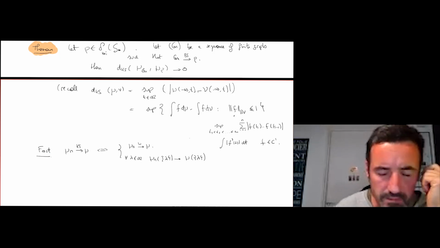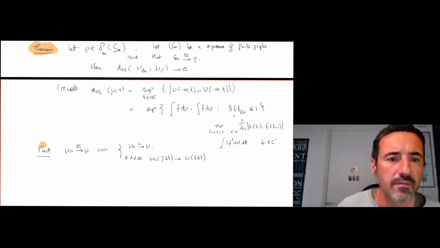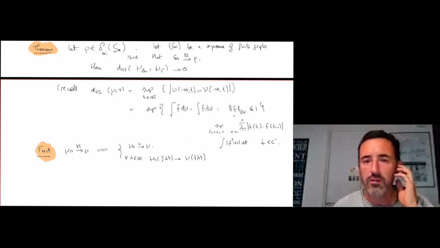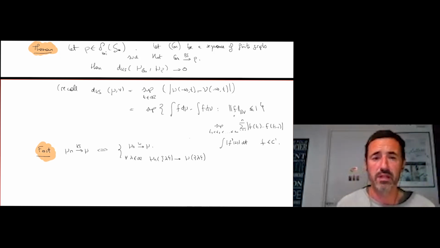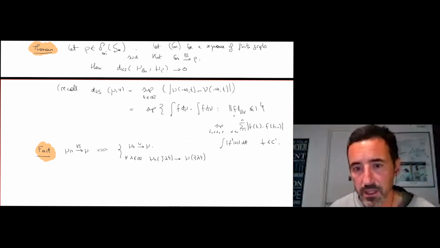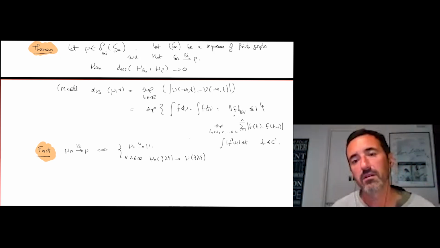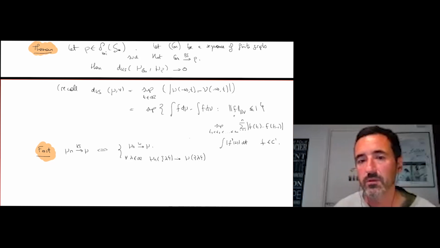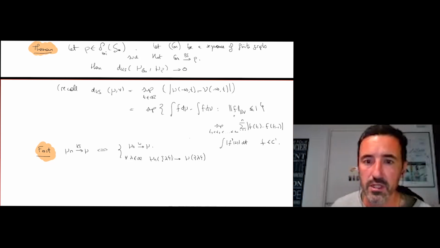So the convergence in Kolmogorov sense of measures is equivalent to the weak convergence plus convergence of the atoms. It's stronger than weak convergence, which is convergence of bounded continuous functions, because it adds convergence of the atoms of the measure.